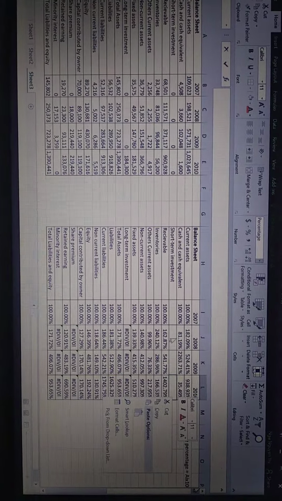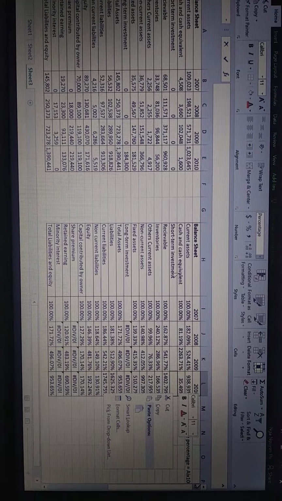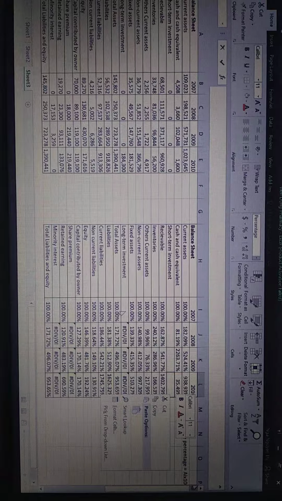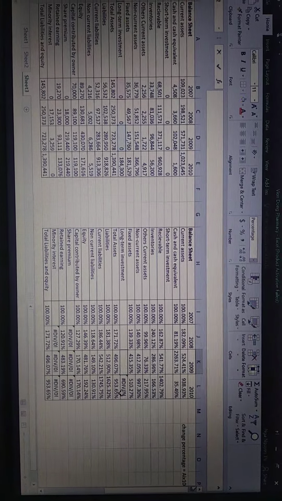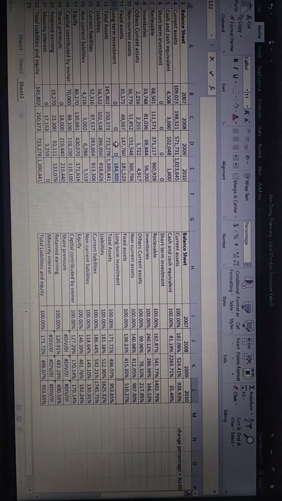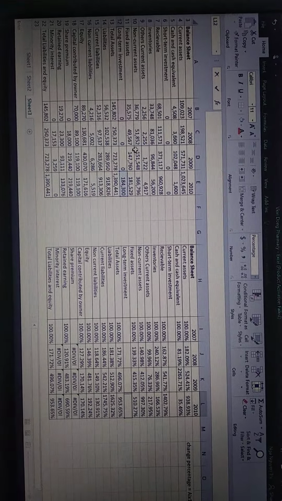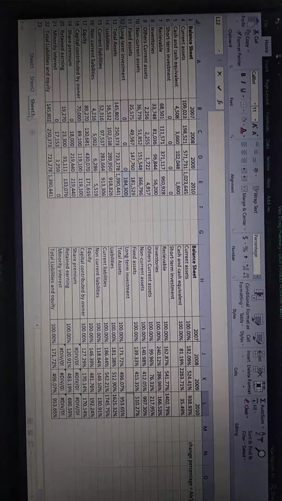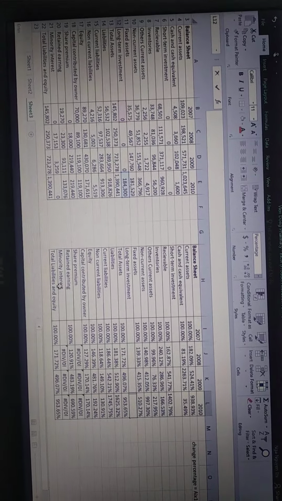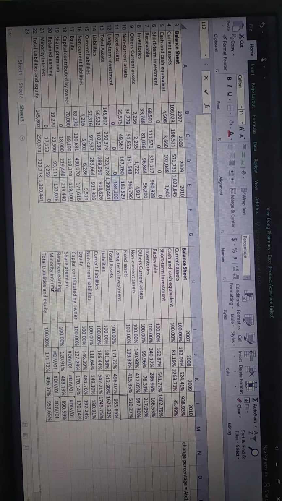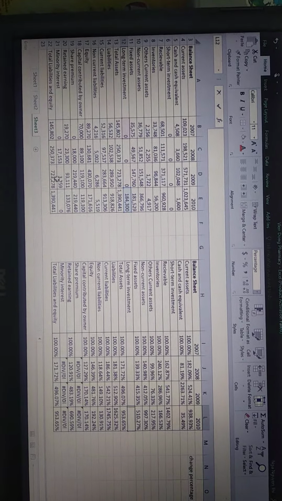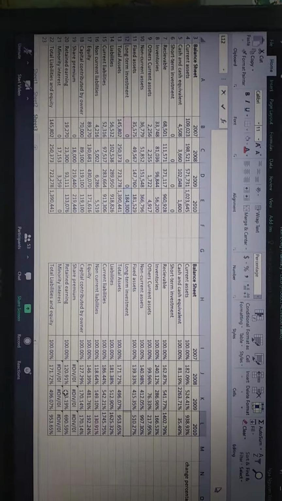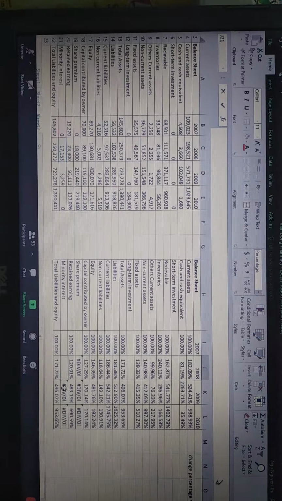There's no change, right, in short-term investment. Long-term investment, we also don't need to do the trend analysis because the number only appears in the final year or the previous year. There's no value, right? And in this case, minority interest as well, you don't need to do the trend analysis because we got only two values in 2 years, right? So delete.